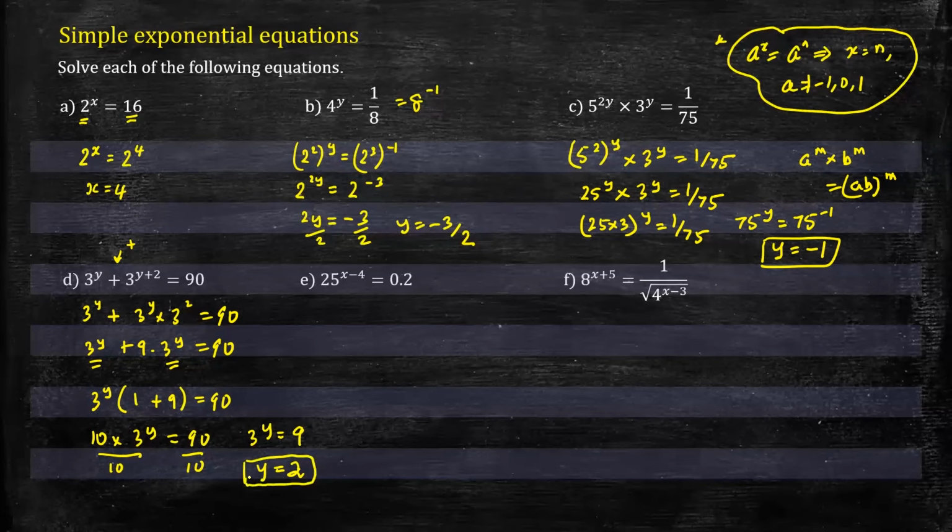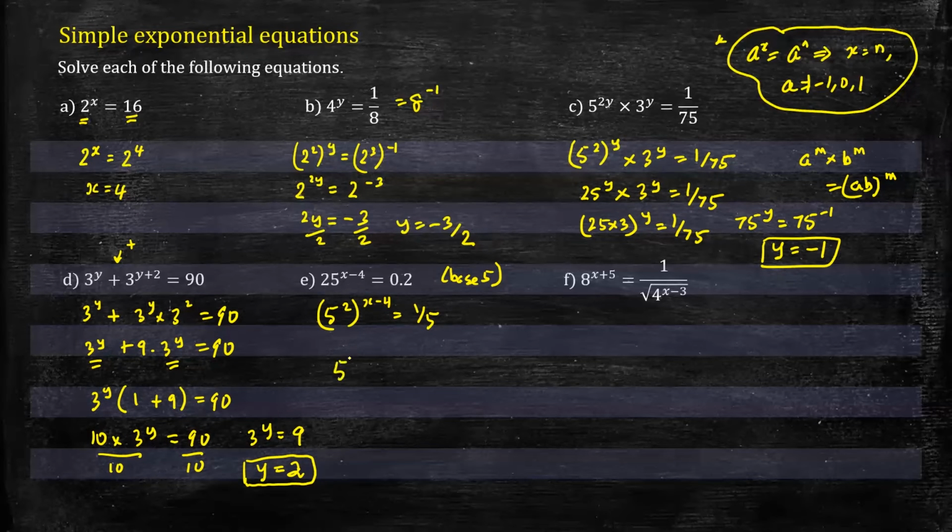because 3 squared equals 9. In question E, we have 25 to the power x minus 4 equals 0.2. So in this question, I recommend we use base 5. 25 is 5 squared, to the power x minus 4, and 0.2 is 1/5. We can expand this bracket.